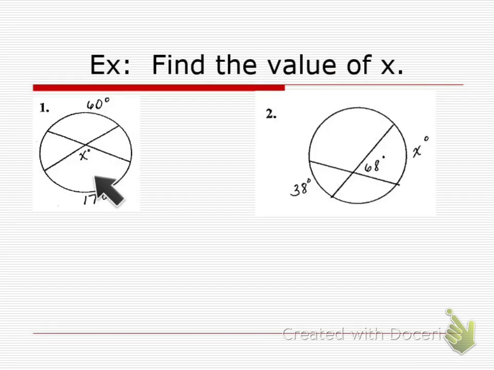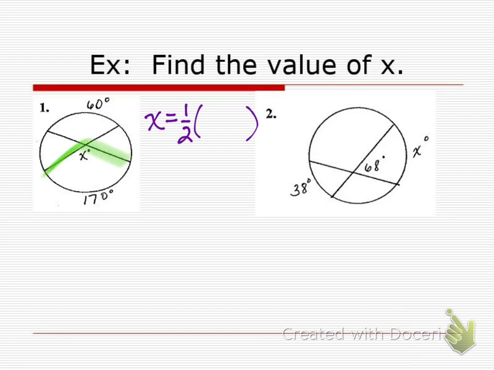So if I'm interested in this angle here in the middle, notice I don't really know where the center is here. They did not mark a center, so I cannot assume that that angle happens in the very center or not. So in order to find the measure of that angle that they marked with an X, it's going to be equal to 1/2 times the sum of the two arcs, one of which is intercepted by that angle. What arc is intercepted by that angle?